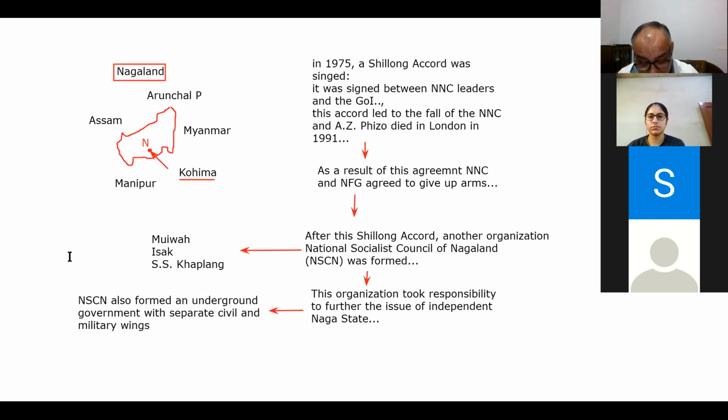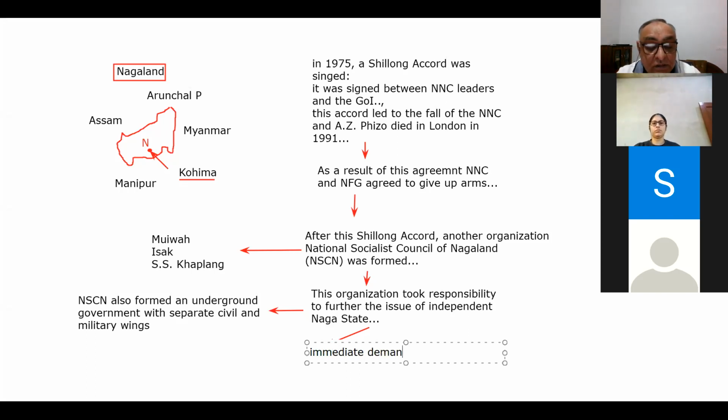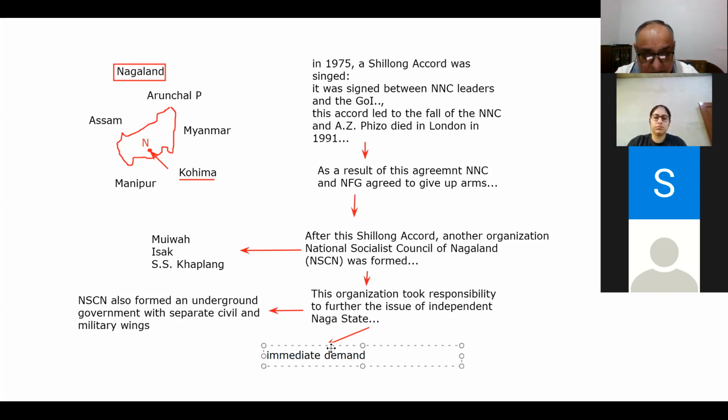So its immediate demand was Greater Nagaland. So they were having one immediate demand, and the second was their ultimate demand.